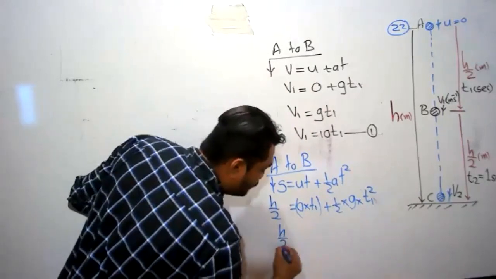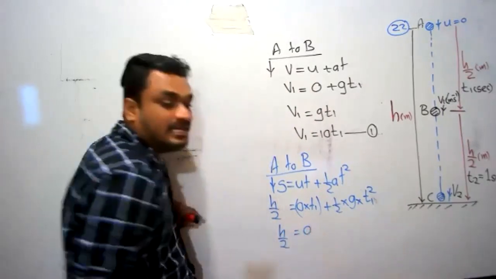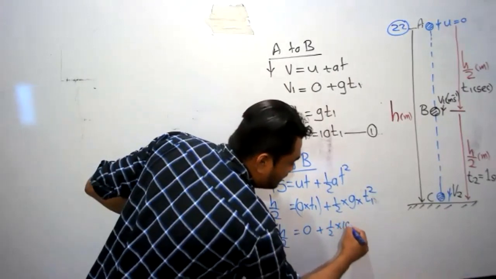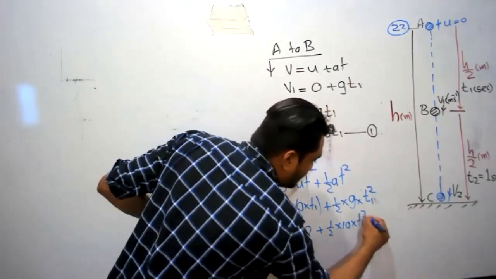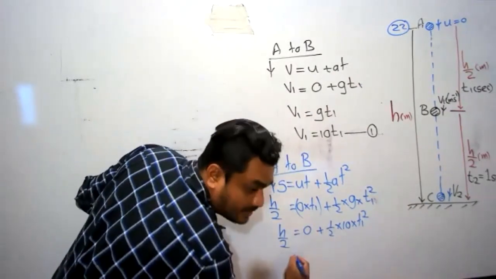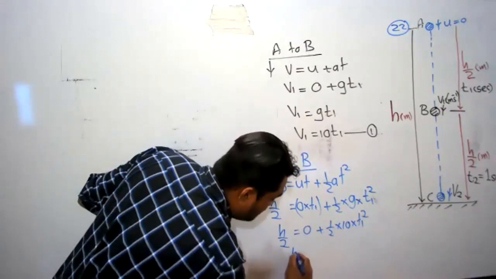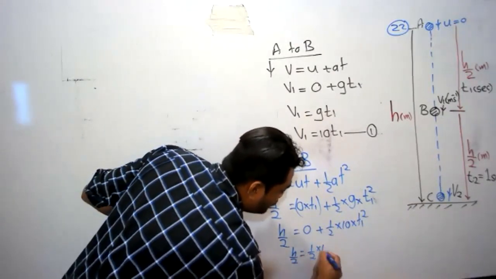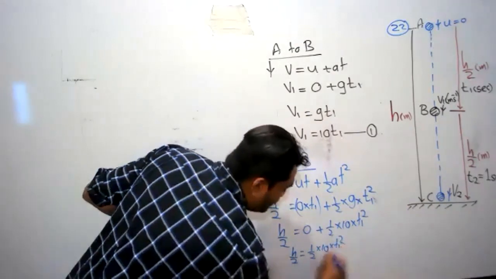So H over 2 equals 0 into anything is 0, plus half G, which is 10, into T1 squared. So H over 2 equals half into 10 into T1 squared.